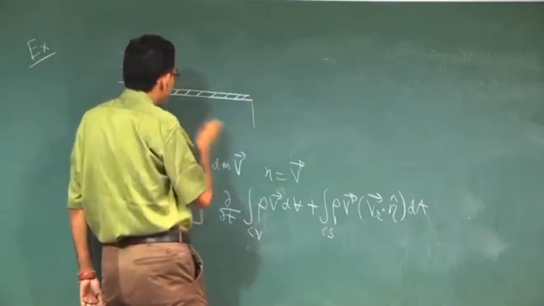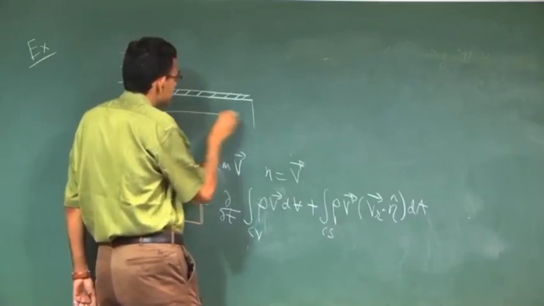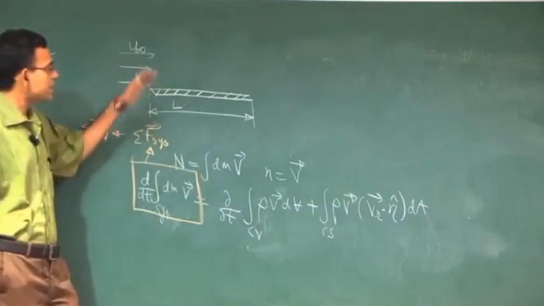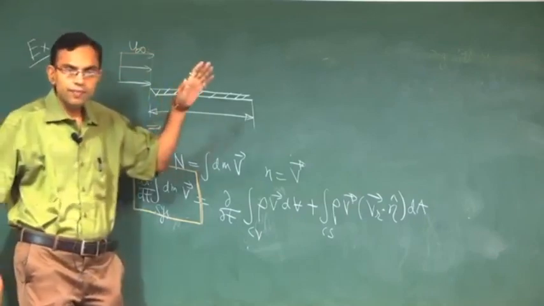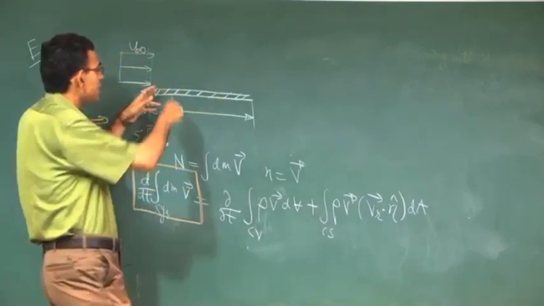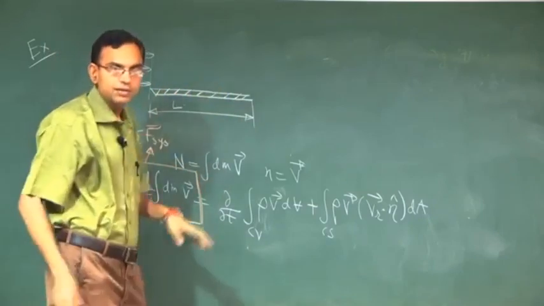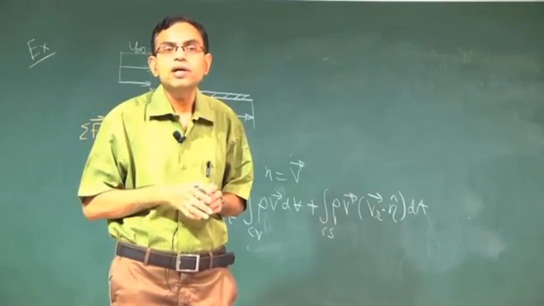The length of the plate up to which you are doing the analysis is L. Because of viscous interaction between the fluid and the solid boundary, there will be a region close to the solid boundary where a velocity profile will be created, a velocity variation will be created. This region is called the boundary layer.